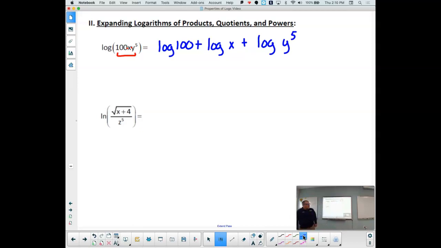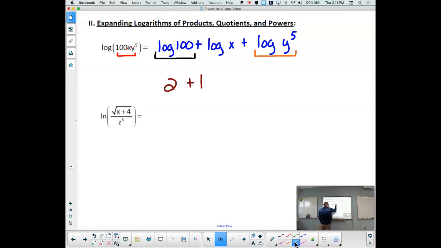Now I can apply the power property on this one only because it has an exponent in it. I can also say, well, log base 10 of 100. When I'm thinking logs, it's always what exponent can I put on 10 to get me 100? Well, that's 2. So this one simplifies to be 2.